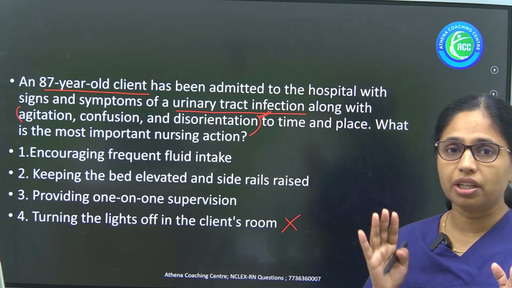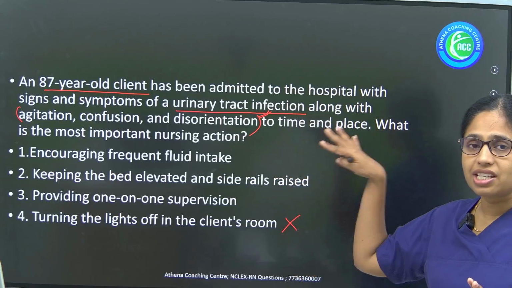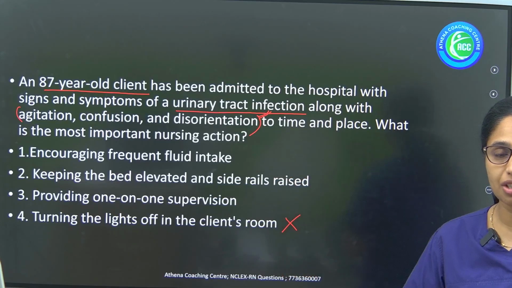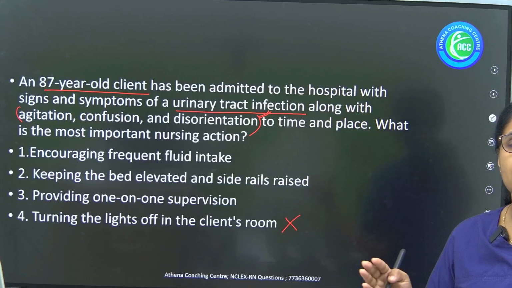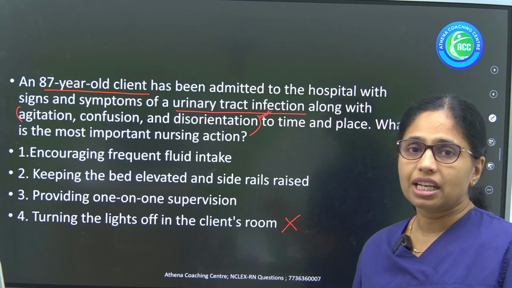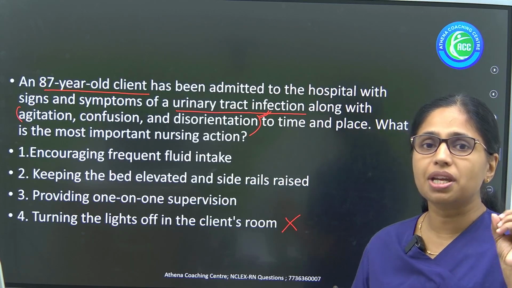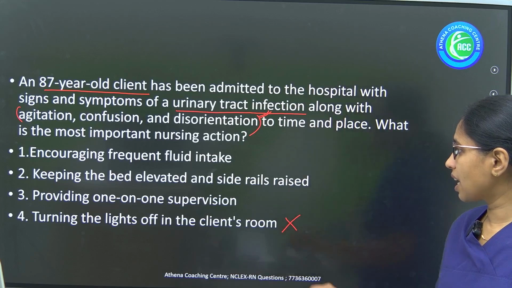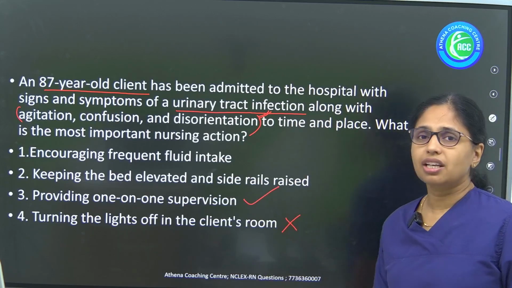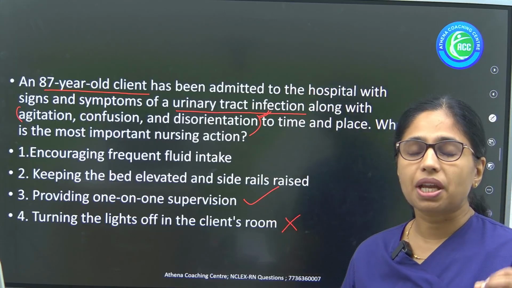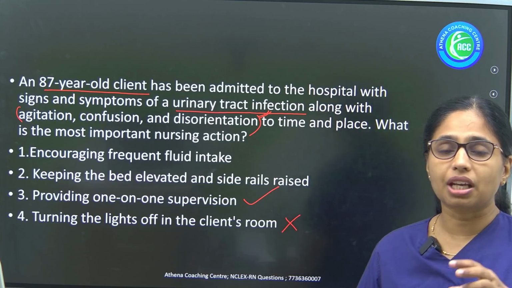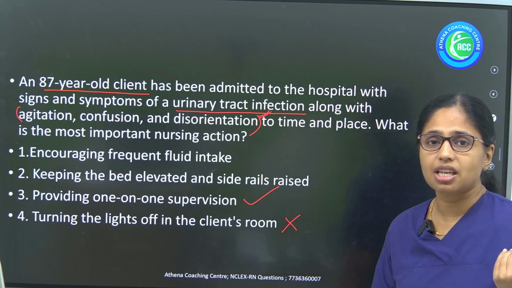Here the age itself is putting the patient in danger, and the symptoms are also categorizing the patient as in danger. So risk needs to be avoided. So the better answer for this is providing one-to-one supervision. See what requirement the patient is having right now.